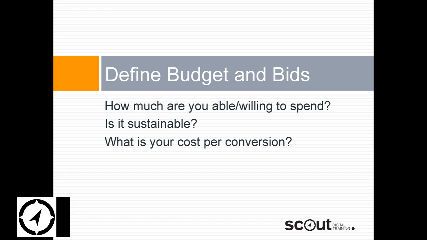I mean, it is a bit of a how long is a piece of string thing, because particularly when you're talking about search ads and keywords, that's going to be affected by the cost per click for a particular keyword. And that cost per click is based on how competitive the keyword is, so how many other people are also wanting to bid on that keyword.